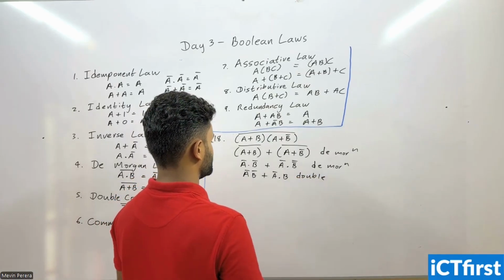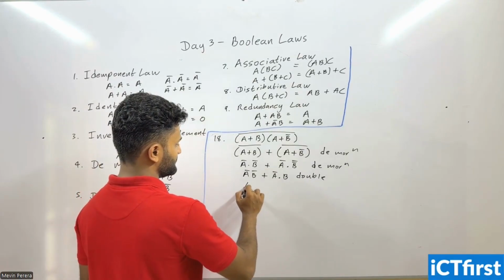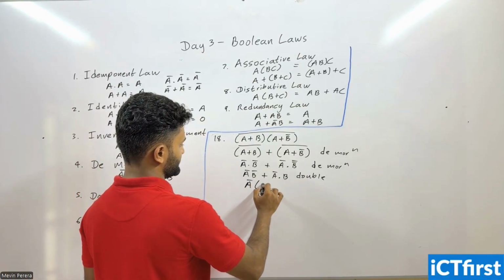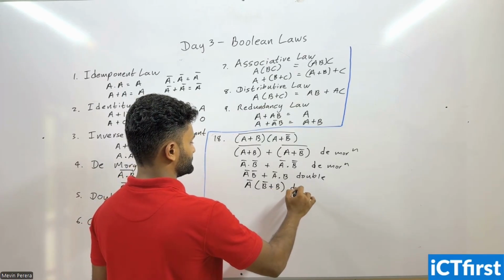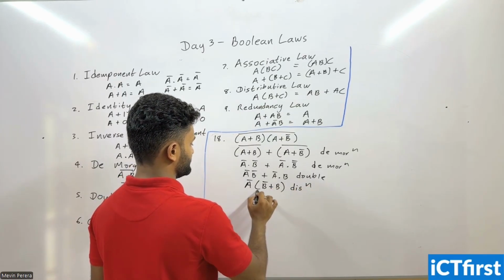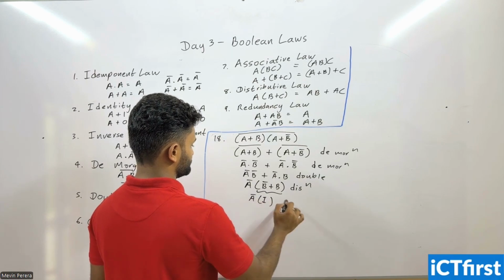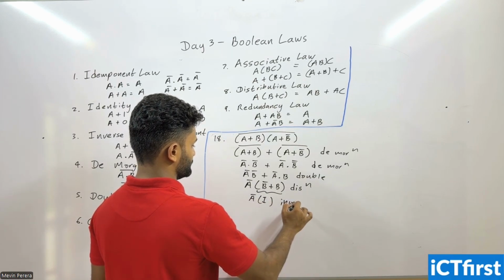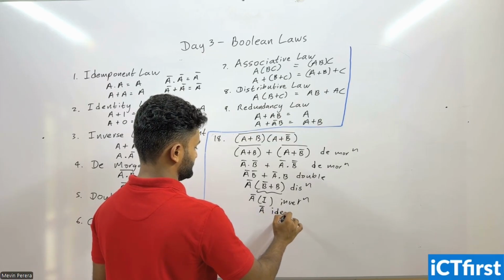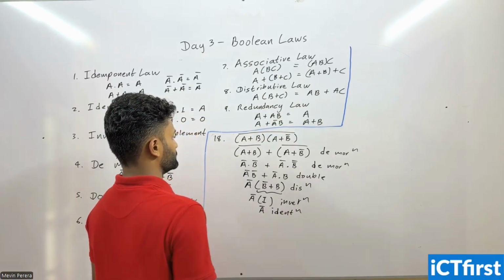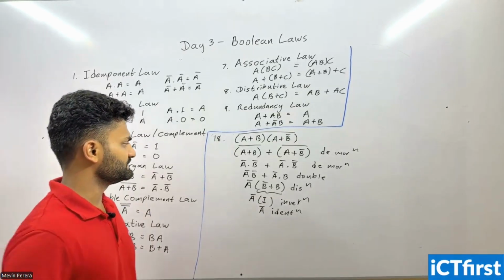Double complement, the bar to bar is getting cancelled. So I'm taking A outside, A bar outside, then B bar plus B. That is distributive. Then this one is one, inverse law, identity law. It's very simple. That's the 18th one.